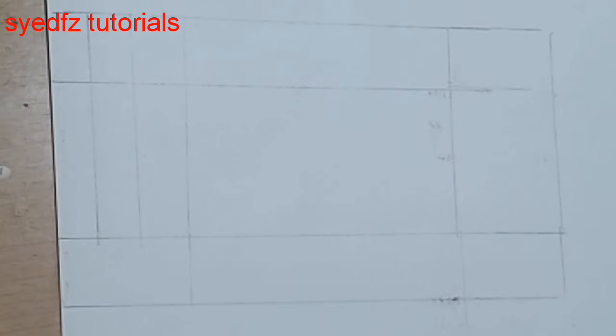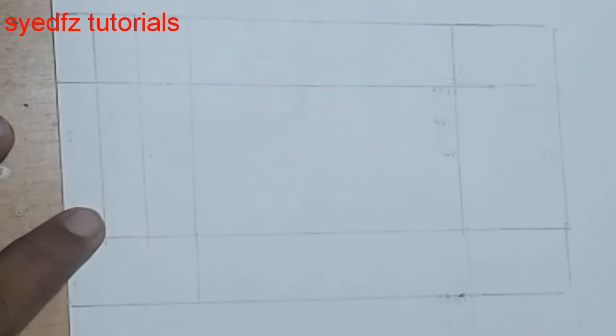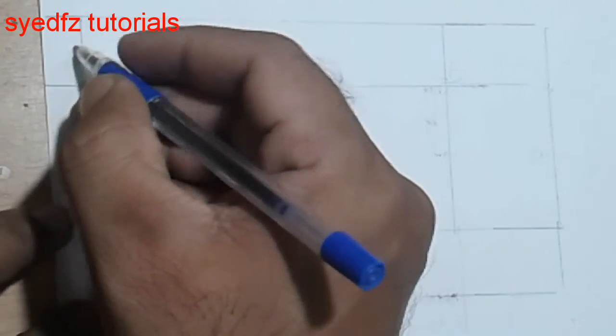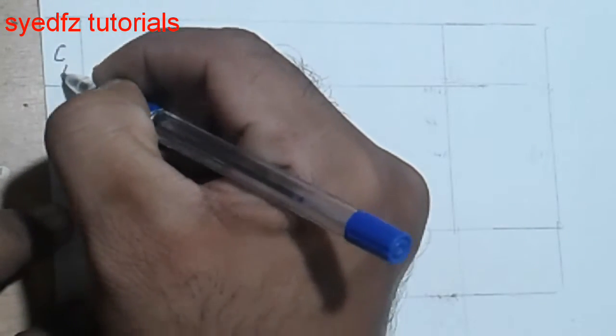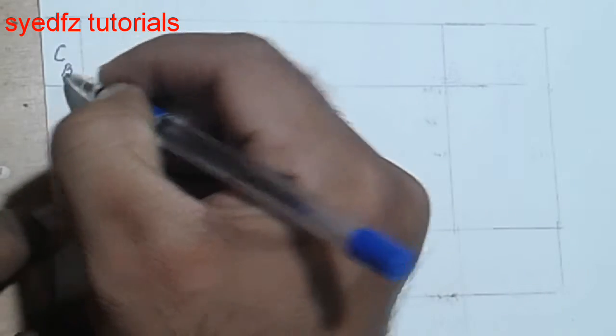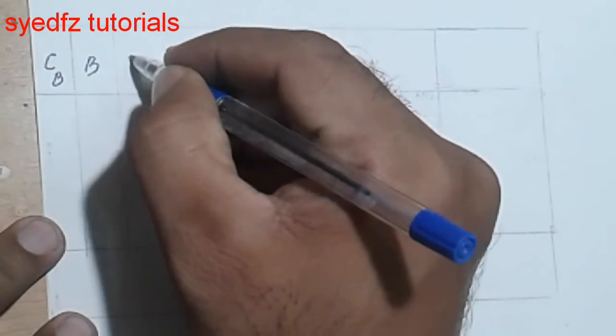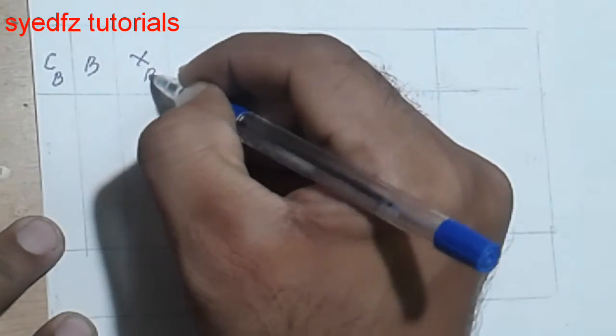This is a simplex table. What we have to write here in the simplex table: here you write CB, means contribution to basic variable, and here you write B, means basic variable. First we have to write headings. Here, solution to basic variable.